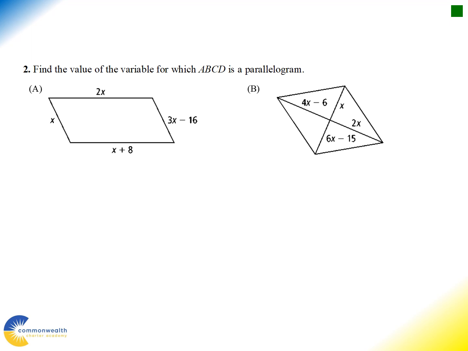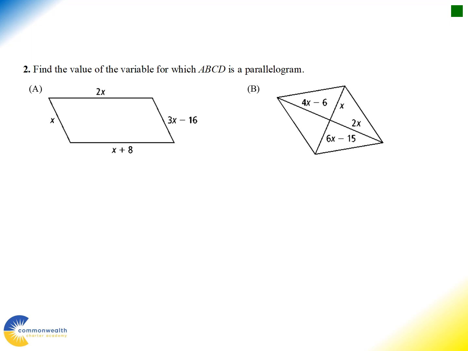Now how I set up that equation is based on knowing characteristics about whatever it is I'm dealing with. In both of these cases, we are told that the figure is a parallelogram. They told you it's A, B, C, D, but they don't have the markings to let you know what A, B, C, D are.